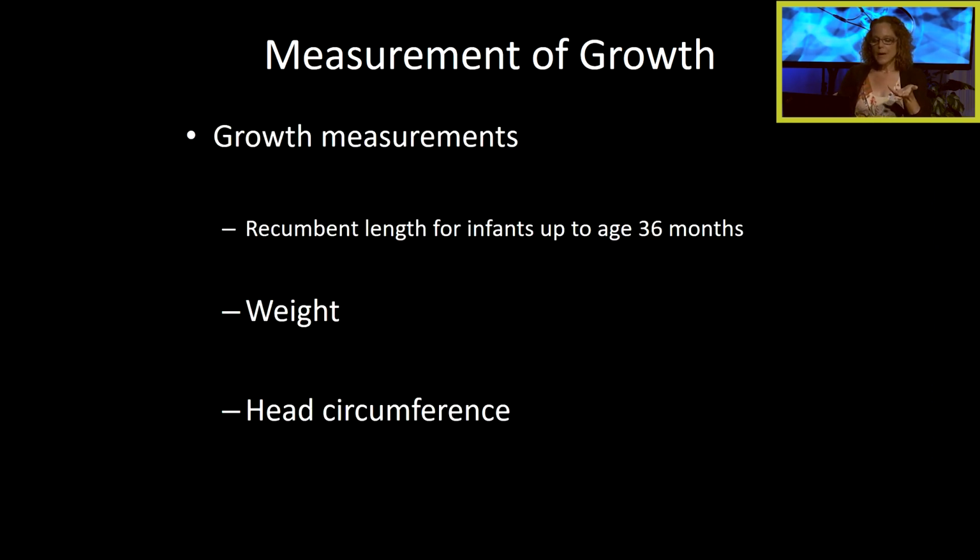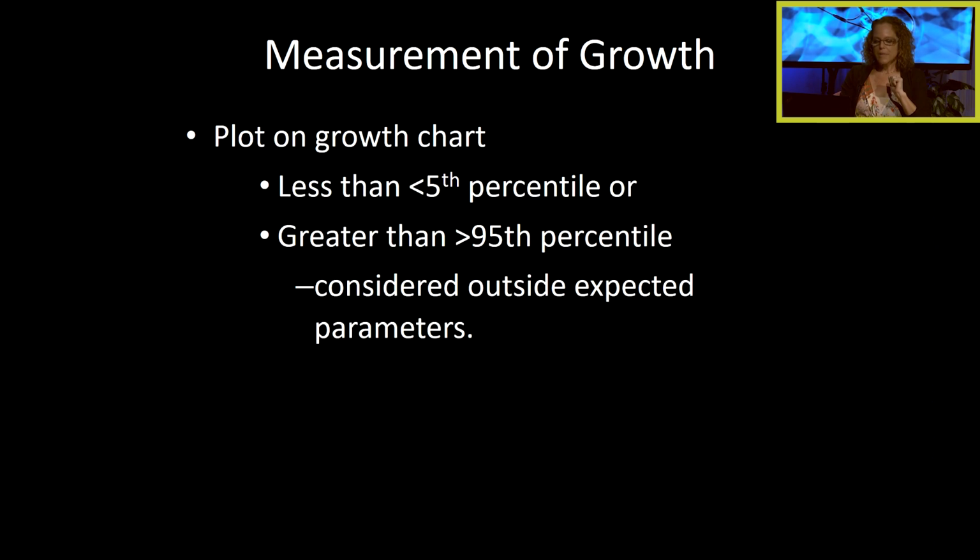So we measure recumbent length for infants up to 36 months. Once they can sit or stand up on the scale, we usually allow them to do that. And then weight and head circumference as well. So after that, we do the measuring.